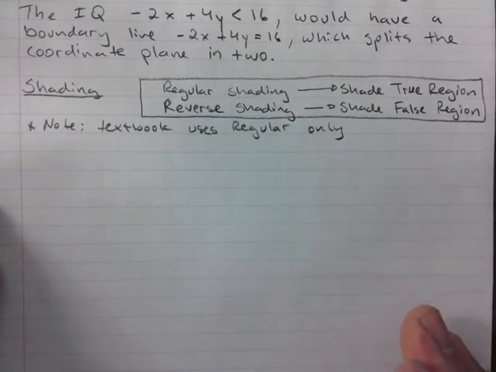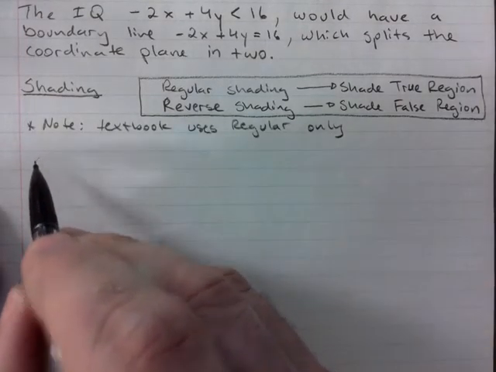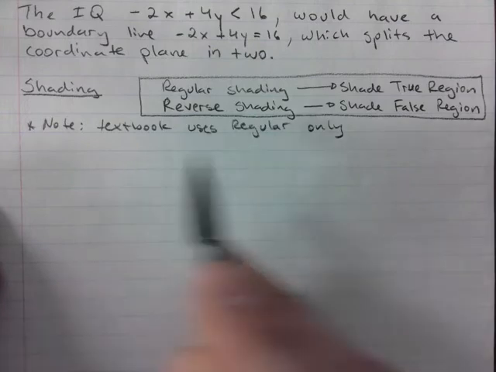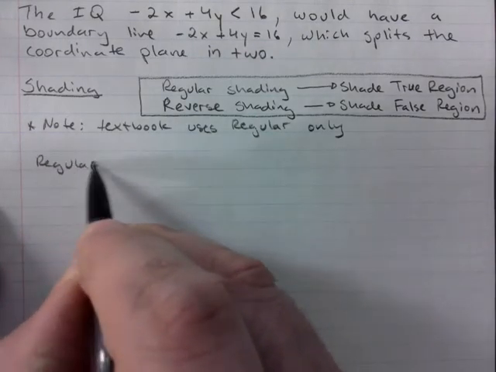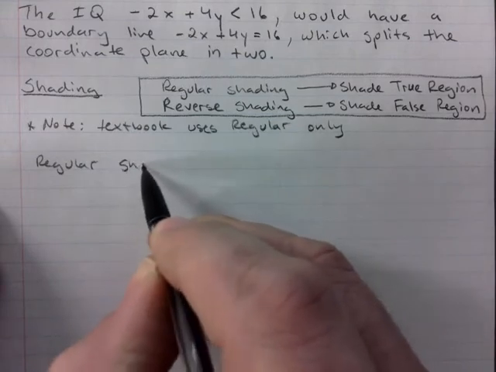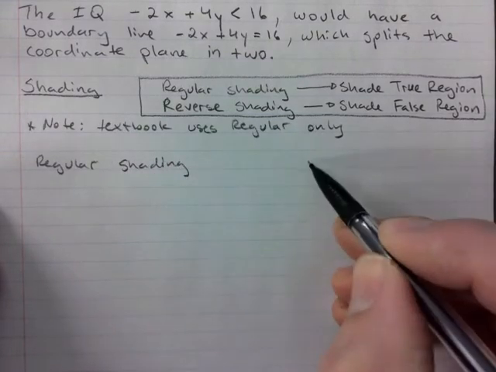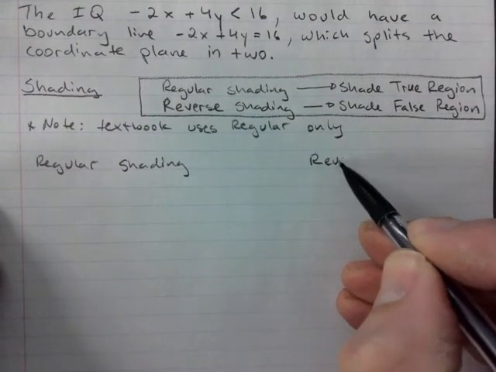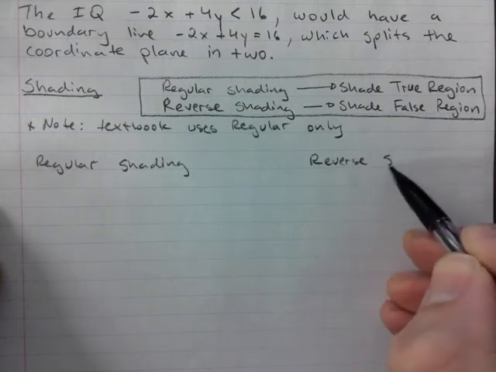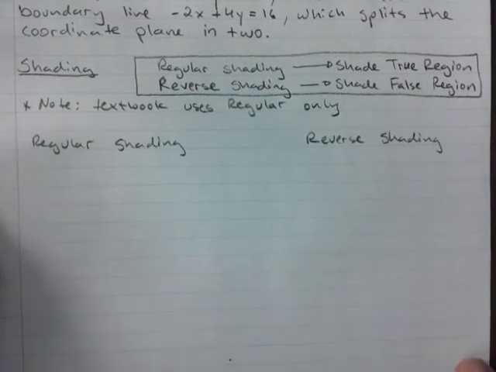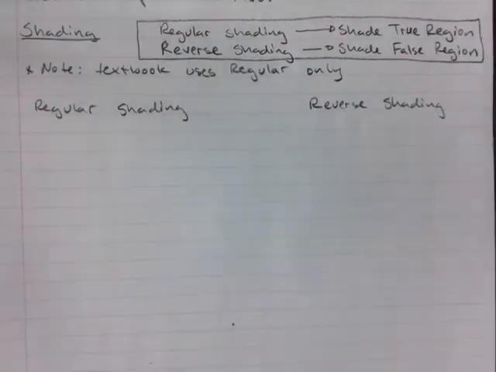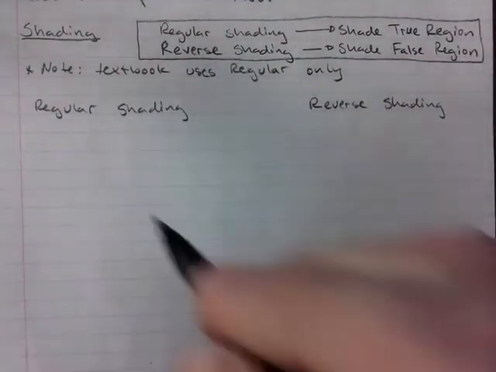Okay, so here's an example. I'm going to have them side by side. I'm going to have two graphs. Regular shading, and this is going to be reverse shading. This is just a sketch, so there are no specific coordinates. If you have a ruler, take it.